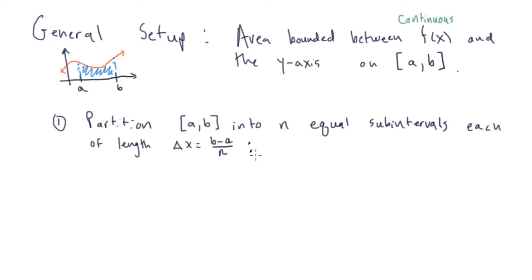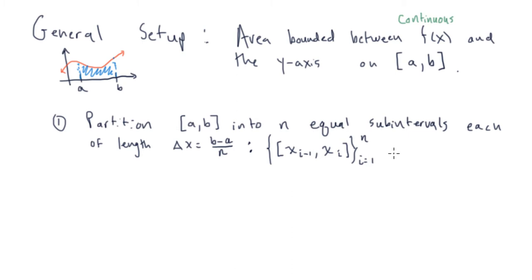And so what we have are a collection of subintervals that look like this: x sub i minus 1 to x sub i. So here i is going to go from 1 to n, so this is just my collection of subintervals.